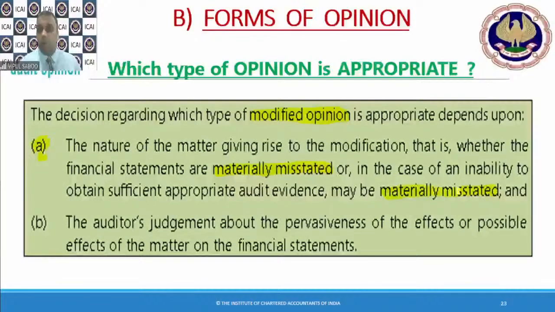So you have audit evidence that the financial statements are materially misstated, or in the absence of audit evidence as well, you can conclude that they may be materially misstated. So here we have concluded they are. Where we are not able to conclude, we say there may be material misstatements.